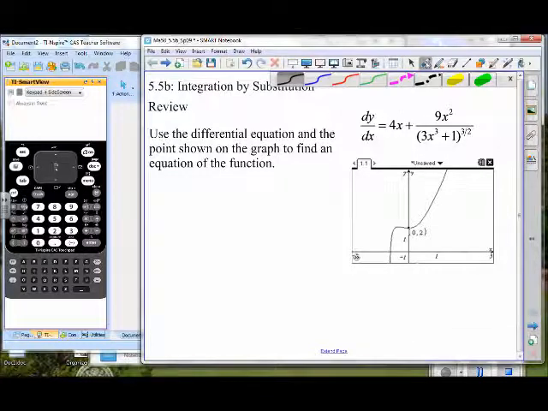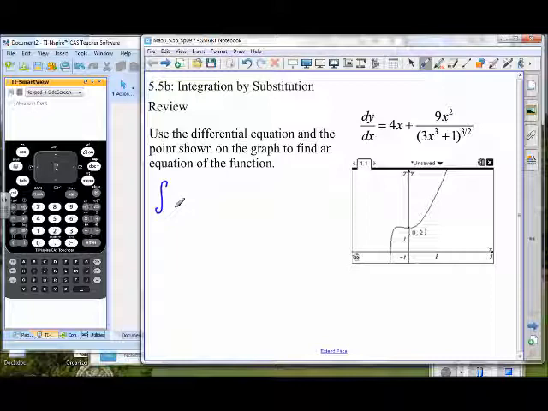Let's take a look at this first problem as a review here. We're going to use this differential equation and the point shown on the graph to find an equation of our function. In other words, to find the antiderivative's exact value. So as you recall, we're looking for the integration.